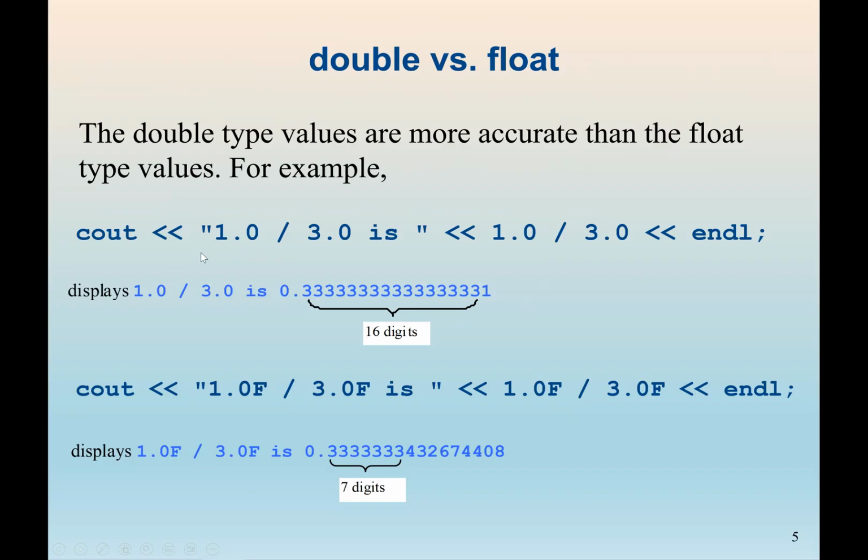For example, if I print out 1.0 divided by 3.0, it will display 0.3 up to 16 decimal places. Now, if I want to use floats in C++, we can add f. So 1.0f divided by 3.0f means this value is a float. Again, that will give us only 7 decimal places.